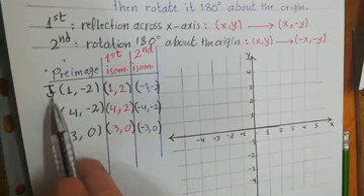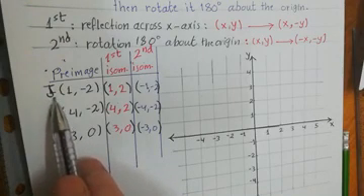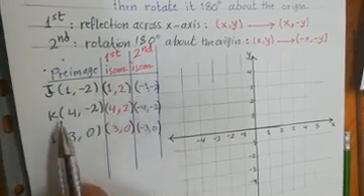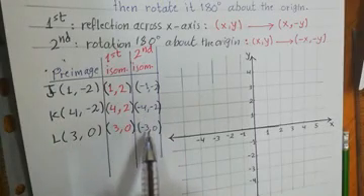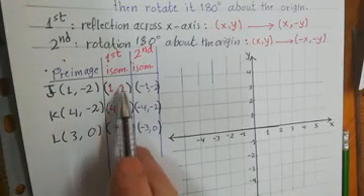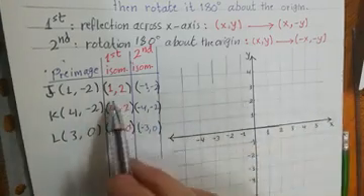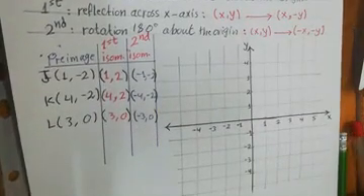So the original pre-image J becomes (-1, -2) after two transformations, K becomes K double prime, and L becomes L double prime. The middle one is the result of the first transformation.